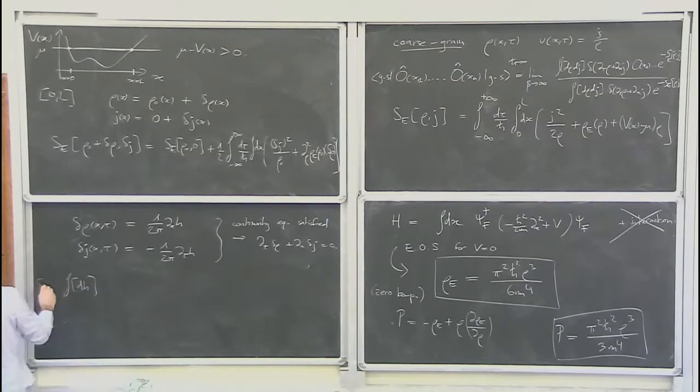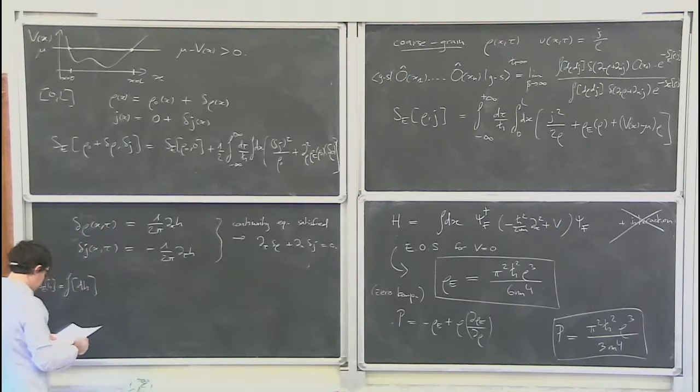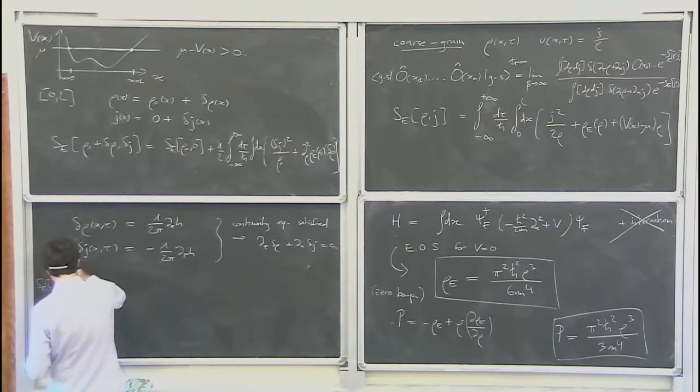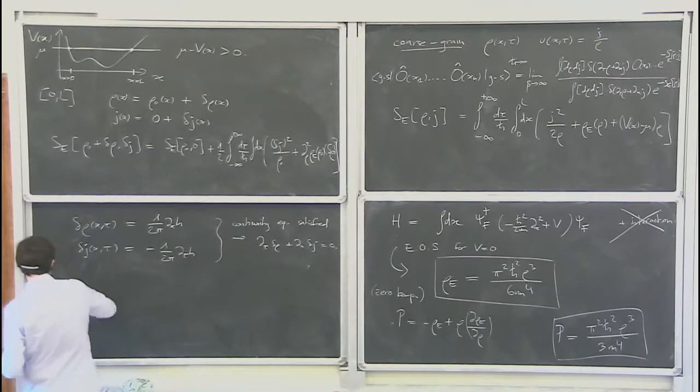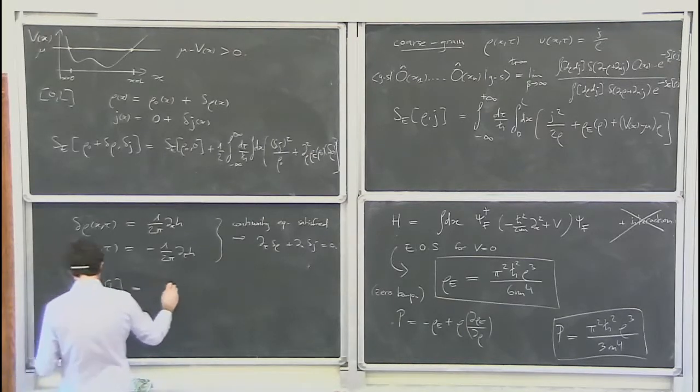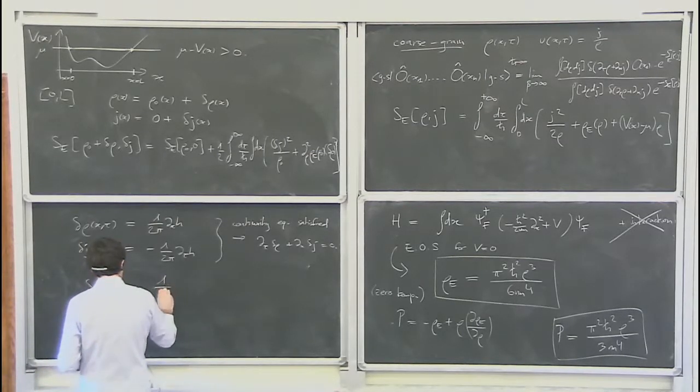And so we get an action for h, which represents the fluctuations around the classical solution, which we can put in this form.